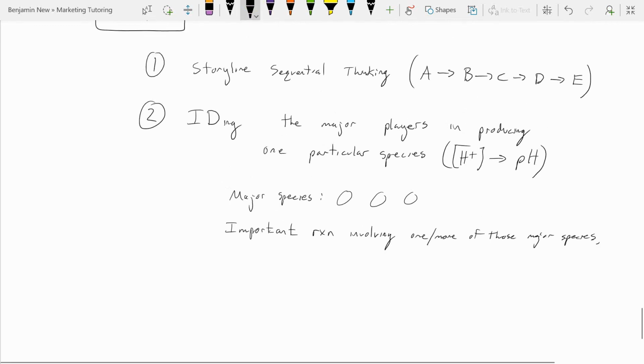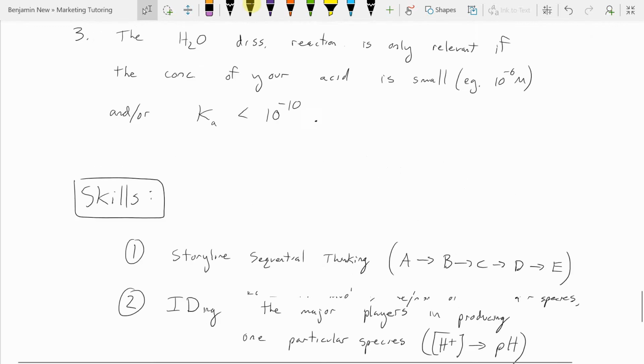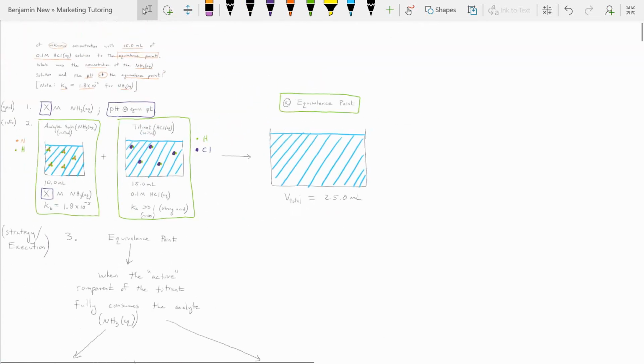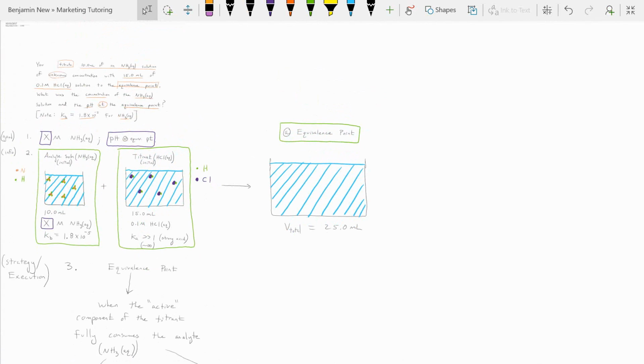Okay, and with that, I just wanted to reiterate what some skills that we developed in this problem. The first thing that we did was we deconstructed the problem by underlining and circling important information.